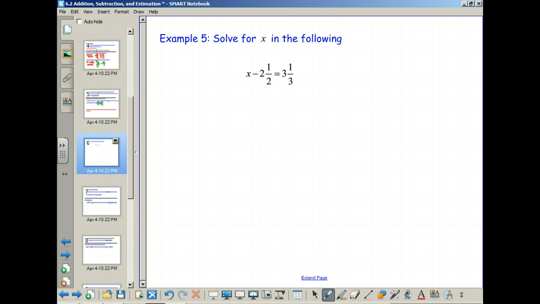So we have chosen to add the number 2 1/2. And in doing so, we chose that number because it's the additive inverse, right? I think we call that theorem 6-8. So the directions say to solve for x in this problem, and I want to show you why each of these steps is allowed.